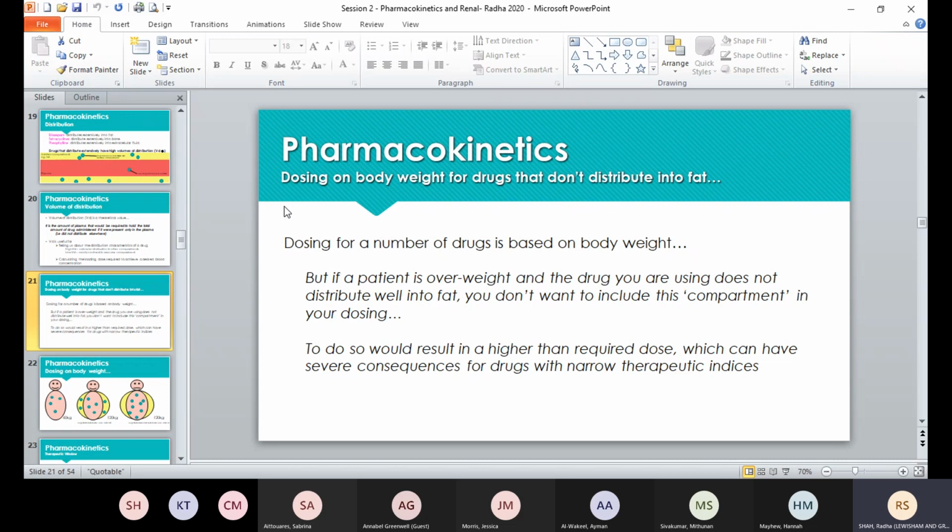To do so would result in a higher than required dose, which can obviously have severe consequences for the patient, especially if the drug has a narrow therapeutic range or has some dire side effects. So things like theophylline and gentamicin. I've got some diagrams which should depict how this all works in the body.